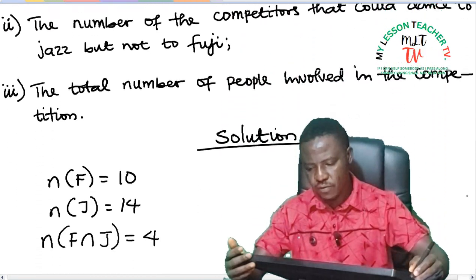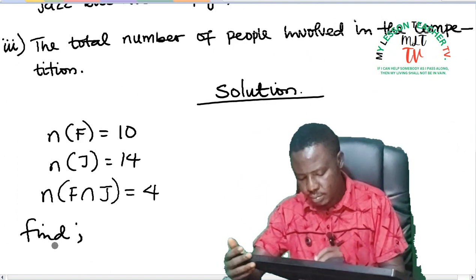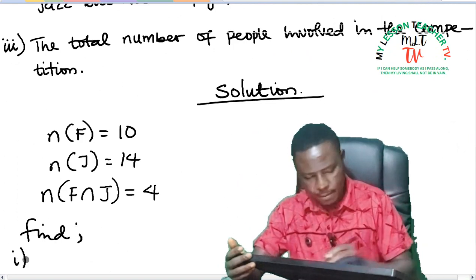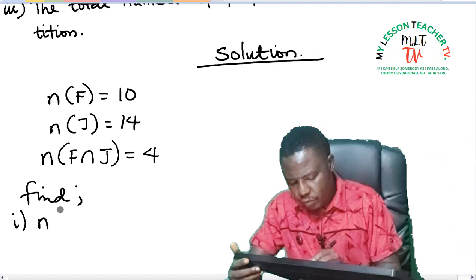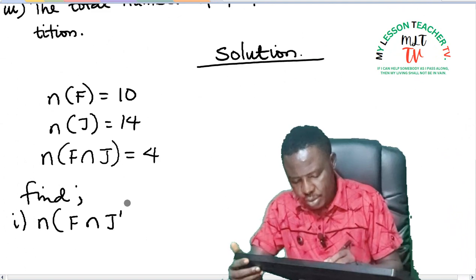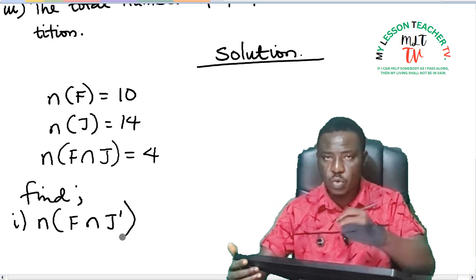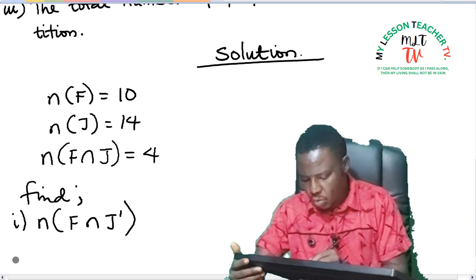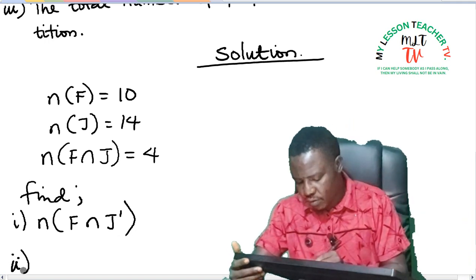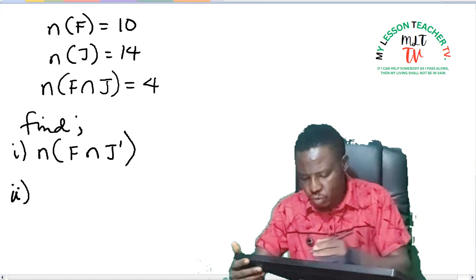Then they're asking us to find our target. 1, n of Fuji intersection jazz prime. So this tells us those that can dance to Fuji only and not jazz. While 2, we are asked to find those that can dance to jazz but not Fuji.